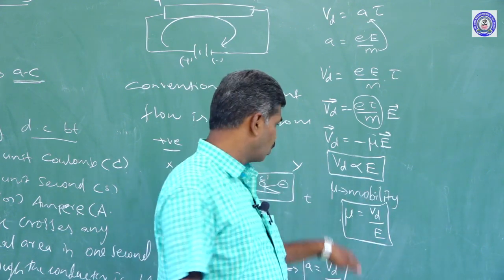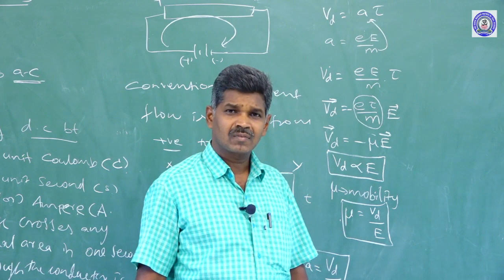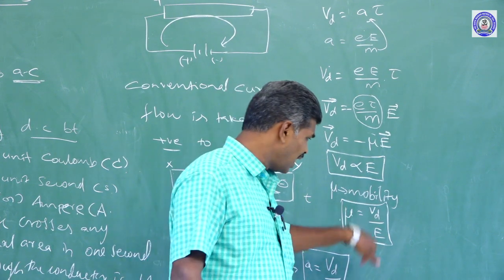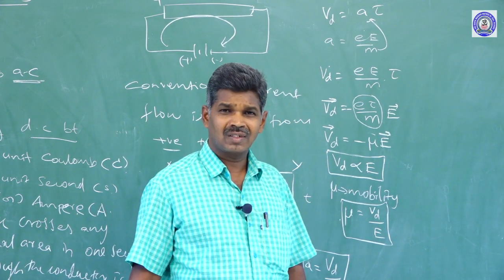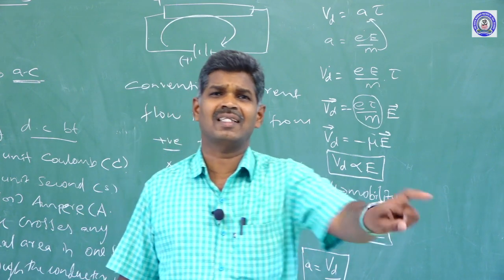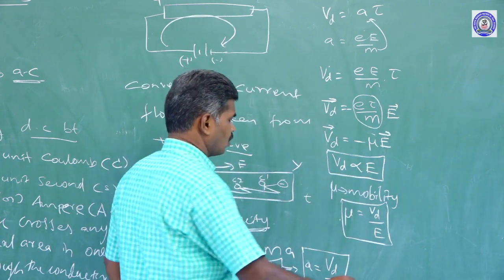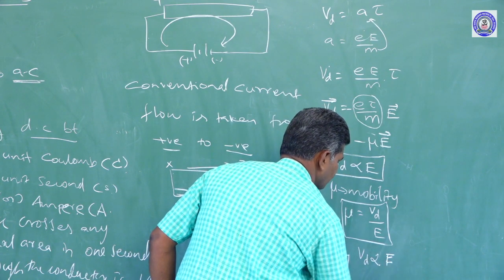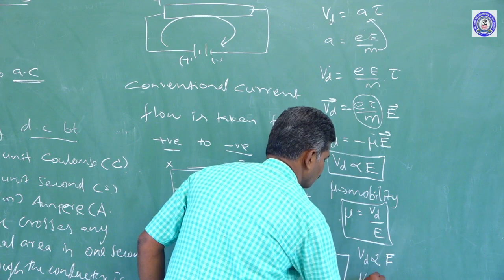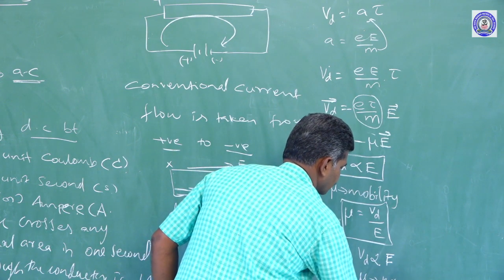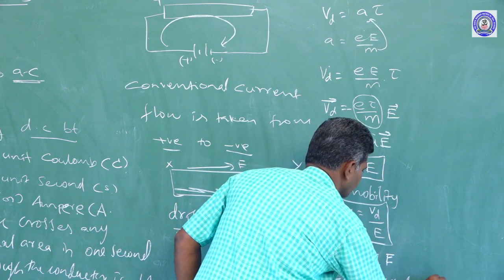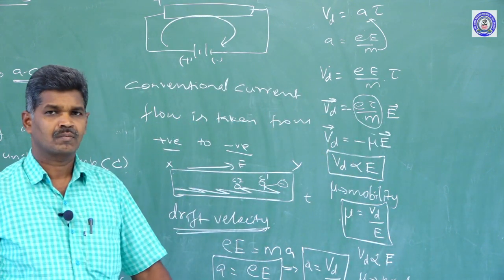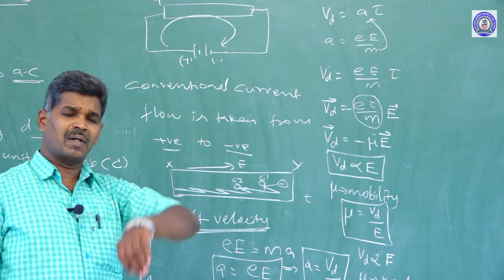But mobility, drift velocity acquired per unit electric field, does not change by varying the electric field. So Vd is proportional to E, but mu does not depend on the electric field; it is independent of the electric field but depends upon the temperature.